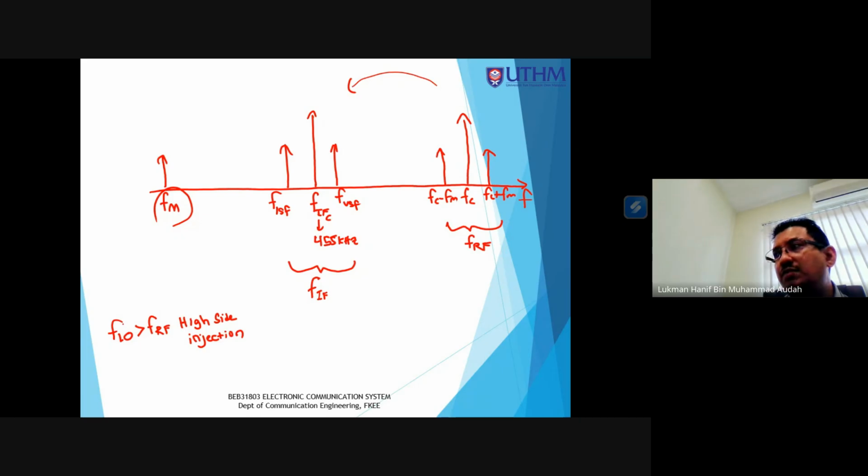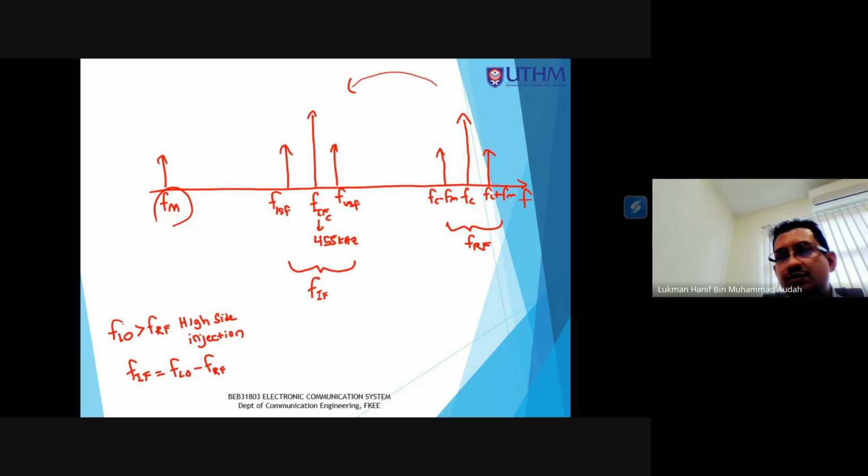Okay, so I can calculate the FIF to be equal to FLO minus the FRF.